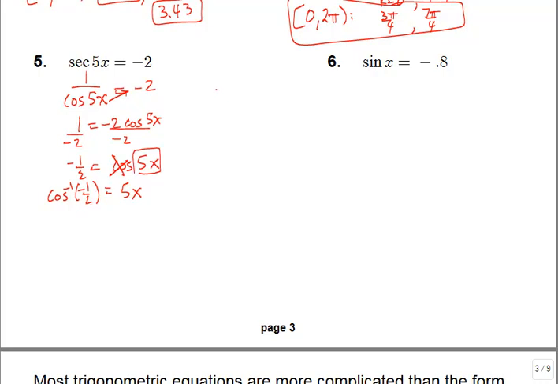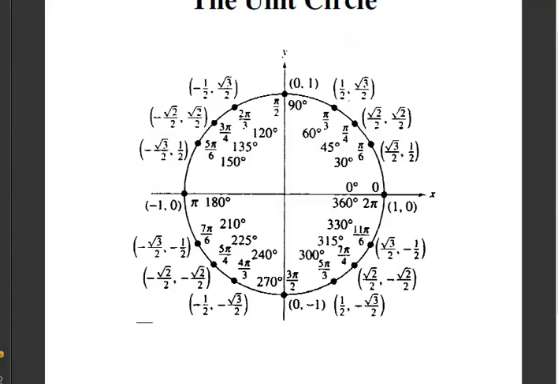Well, remember, inverse cosines are only going to give you solutions in quadrant 1, which this won't be because we have a negative 1/2, or quadrant 2, from 0 to pi. So what's the angle in quadrant 2 that has cosine equaling negative 1/2? Well, that's right here at 2 pi over 3. If you pull up the unit circle, you can see it right there.